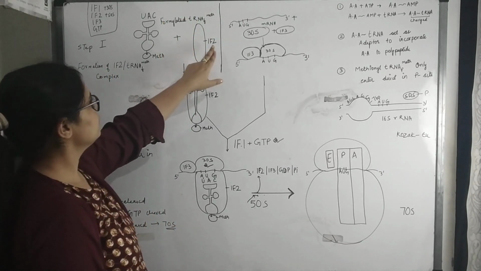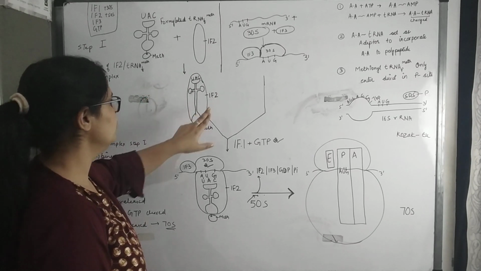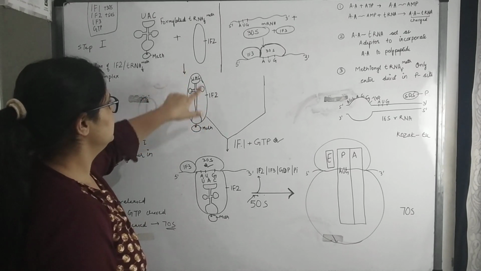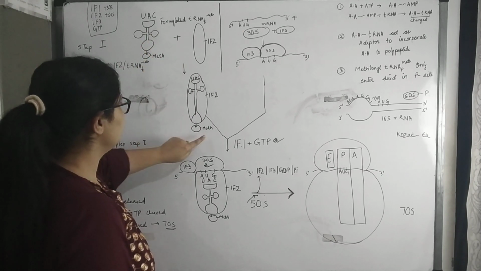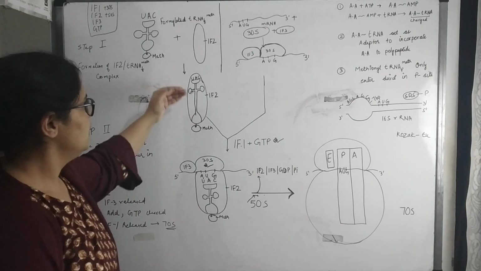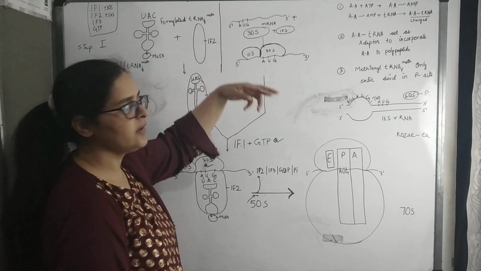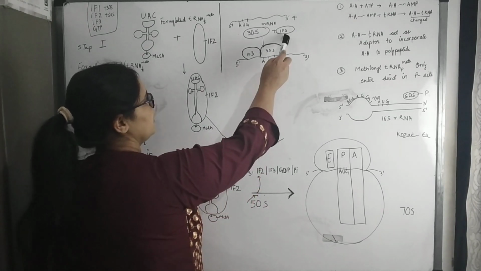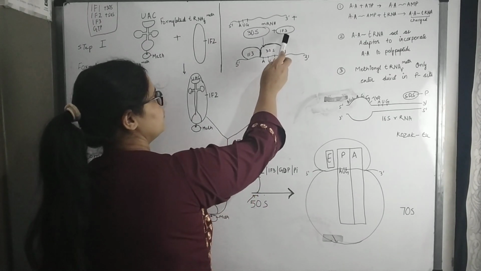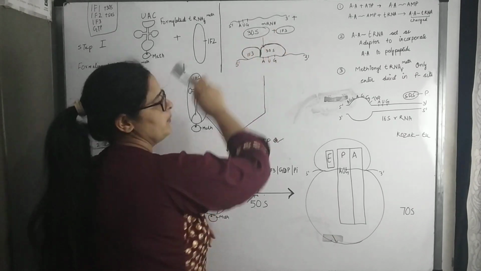So in the presence of IF2, it will create a complex, IF2 plus tRNA with formylated methionine. On the other hand, this is one assembly. We also need mRNA. mRNA also comes with the help of some initiation factors. Here we will use IF3, 30S plus mRNA.